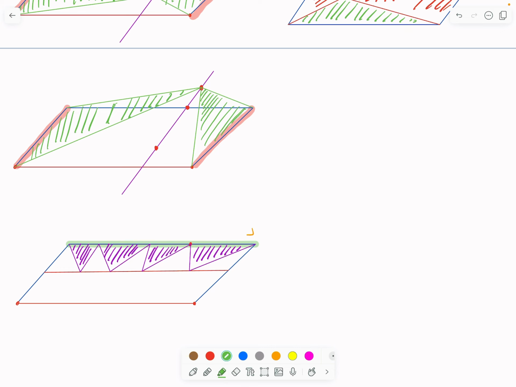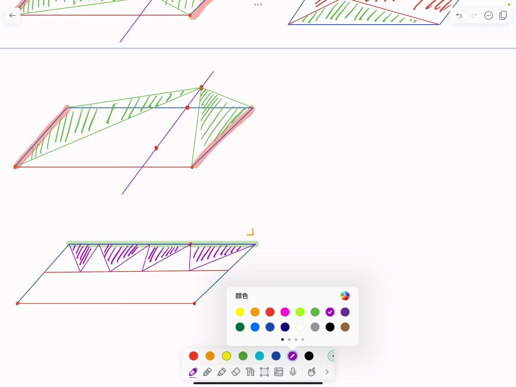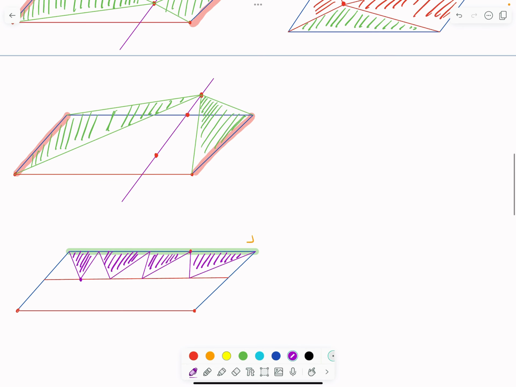That means I can just move all the points into one part. I can move 1, 2, 3, 4 to here. Now, if I move to here, you can imagine this is like I connected the diagonal line of the top small parallelogram. So that means this shaded area is also half of the small parallelogram.